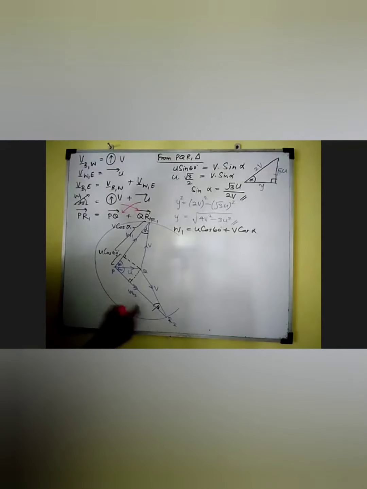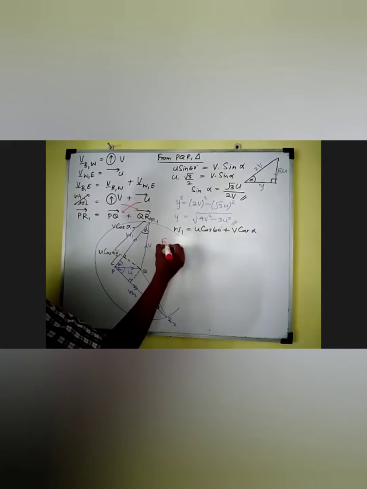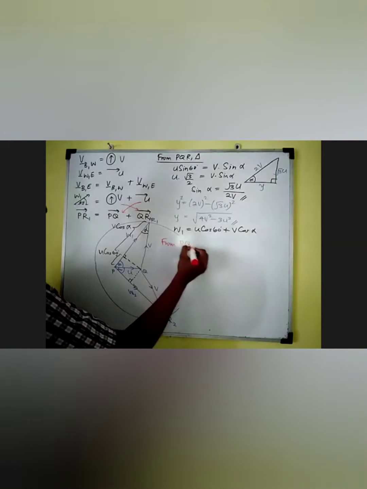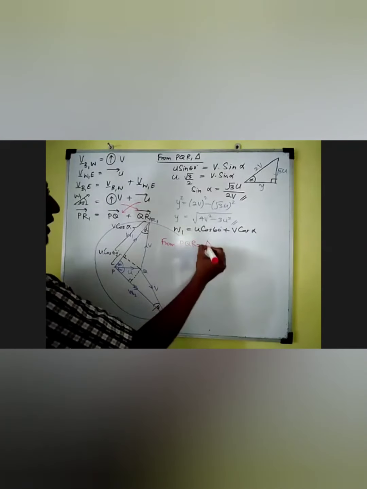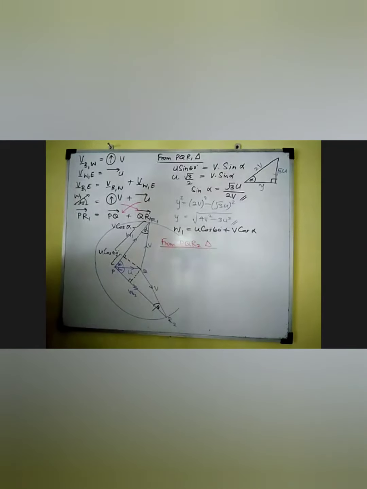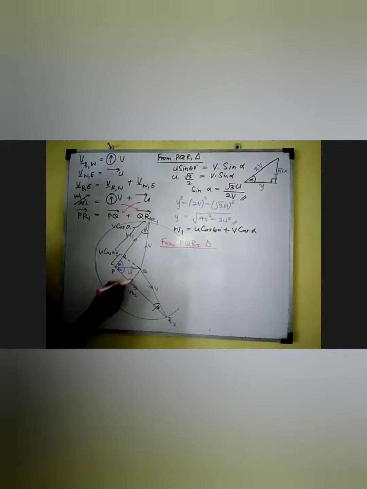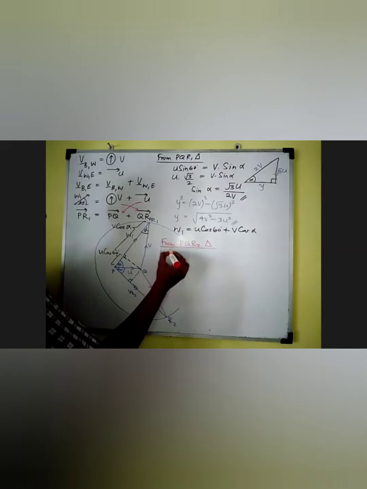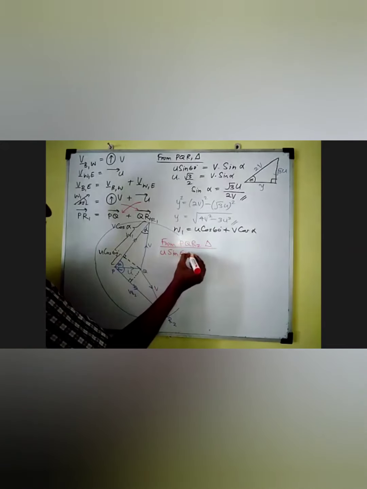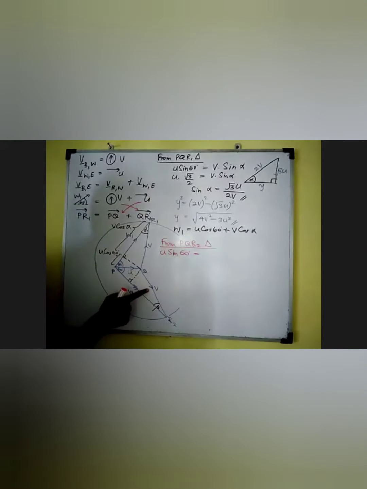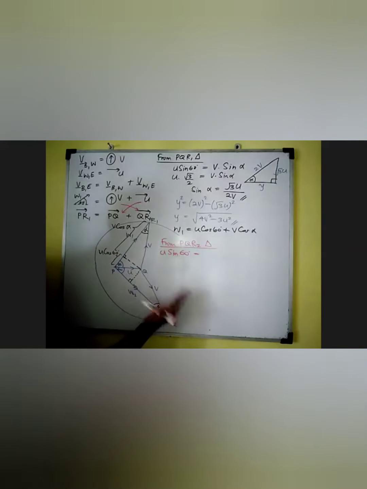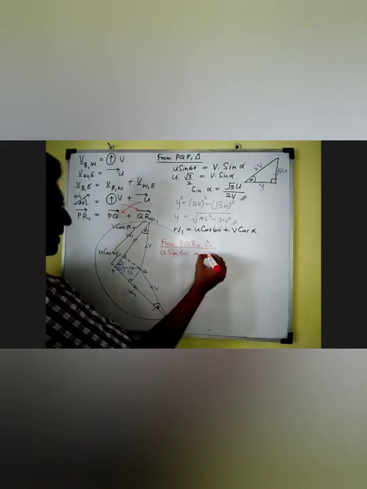Then for the PQR2 triangle, find the length of this perpendicular by resolving u. Resolving u, you get u sin 60. u sin 60 equals, resolve v, then it is v sin beta.